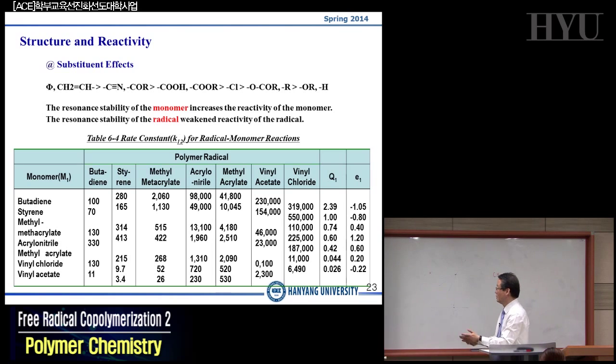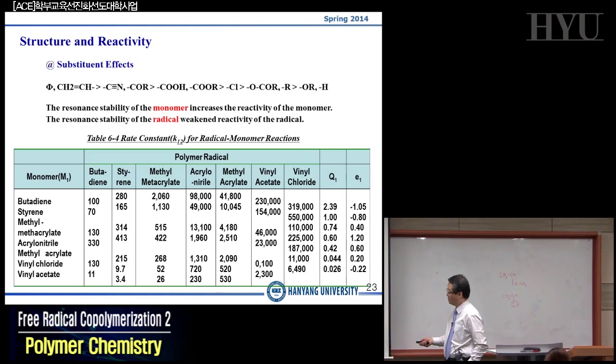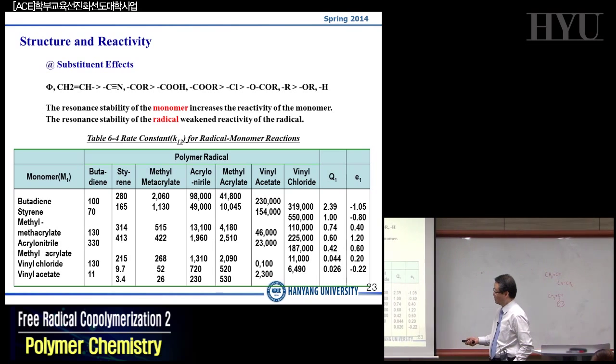So there is clear evidence that the relative rate constant k12 increases from bottom to top. Having your substituting group with a resonance stabilized monomer, your monomer reactivity increases.